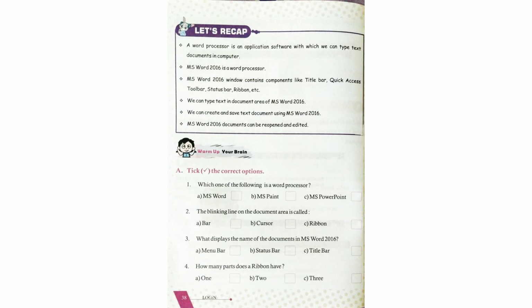The MS Word 2016 window contains components like title bar, quick access toolbar, status bar, ribbon, etc. In Microsoft Word, we can type text in the document area of MS Word 2016. We can create and save text documents using MS Word 2016. MS Word 2016 documents can be reopened and edited.